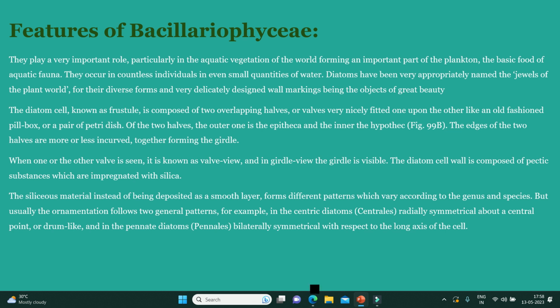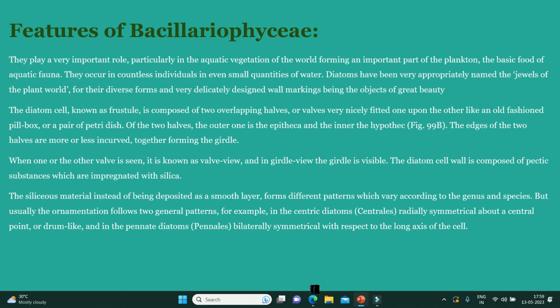They occur in countless individuals in even small quantities of water. Diatoms have been appropriately named the jewels of the plant world for their distinct forms, a very delicately designed wall marking being the objects of great beauty.